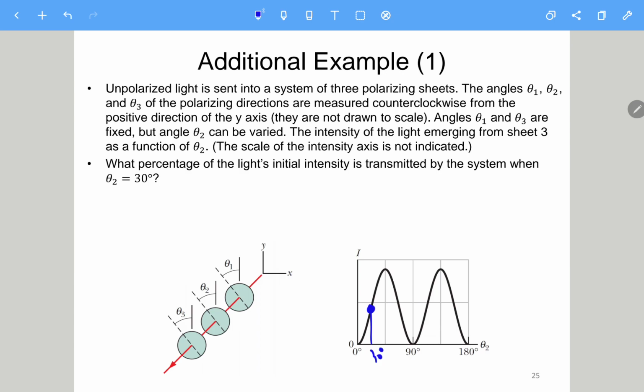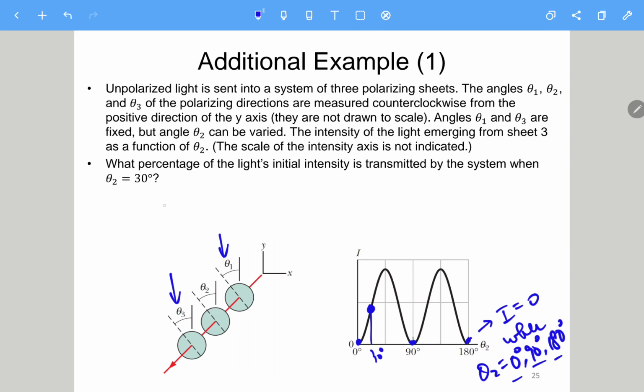Of course, for the first step, we should determine what theta 1 and theta 3 are. The clue is that if theta 2 is 0 degrees, 90 degrees, or 180 degrees, the intensity will be 0. That means that one of theta 1 and theta 3 should be 0 degrees, and one of them should be 90 degrees.